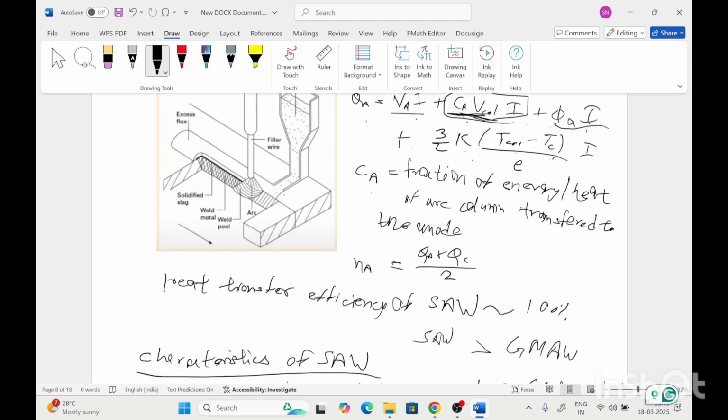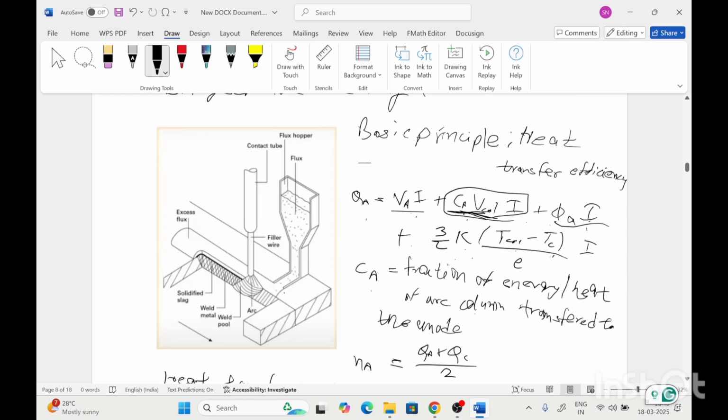The heat transfer efficiency of submerged arc welding is approximately 100%, so submerged arc welding is more beneficial than gas metal arc welding.